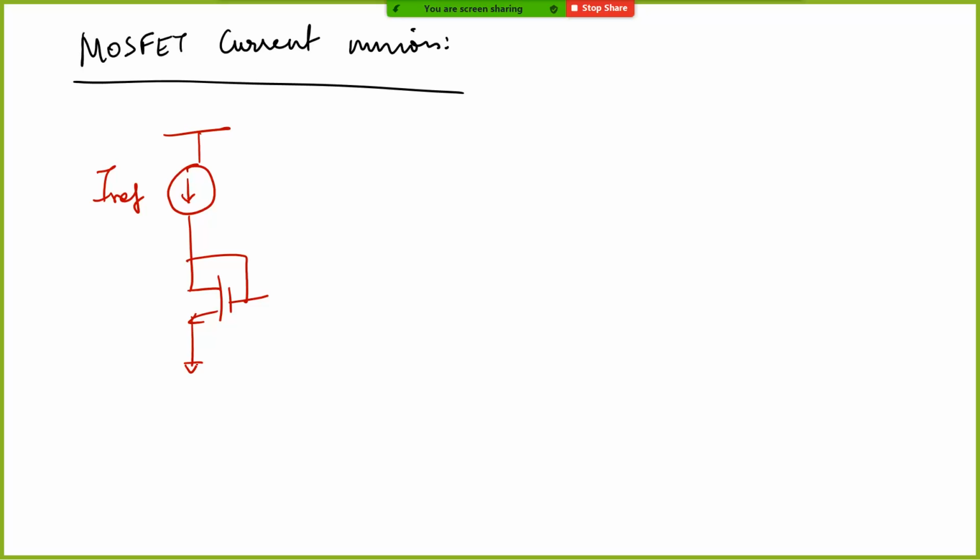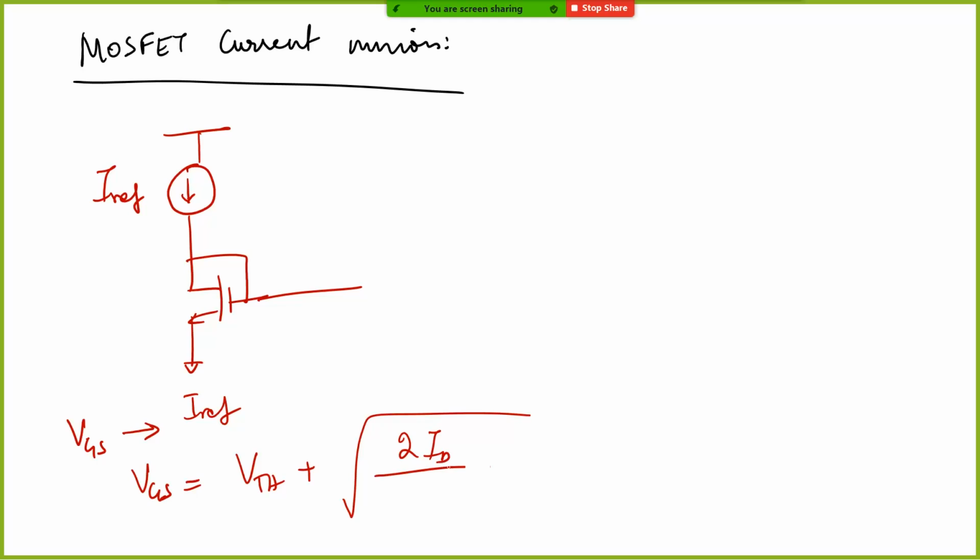So don't think that the diode is formed. But here again, what happens is the VGS of this transistor is such that it can support IREF current. Or in other words, VGS can be written as the threshold voltage plus root of 2 times ID divided by mu n Cox times W over L. So it will automatically generate this gate to source voltage, and this can be mirrored to any number of transistors.